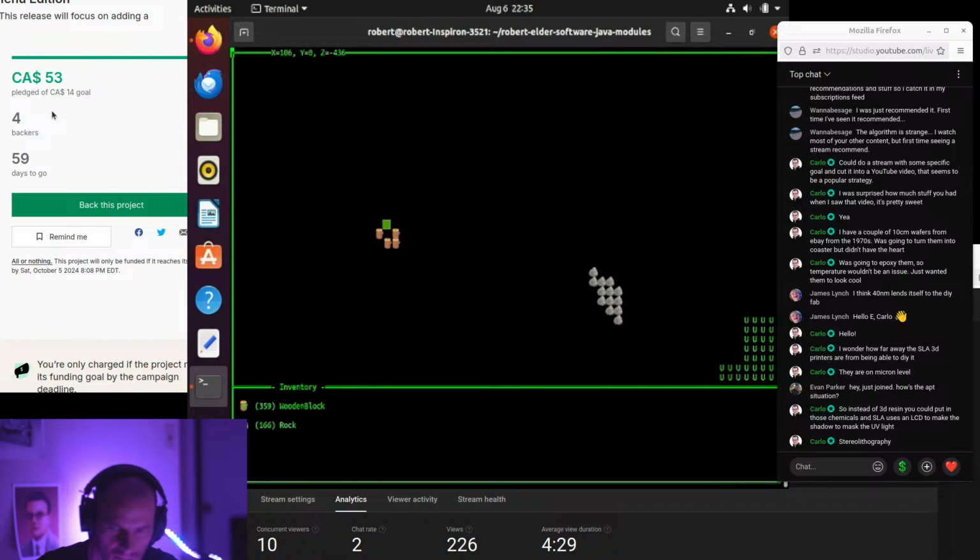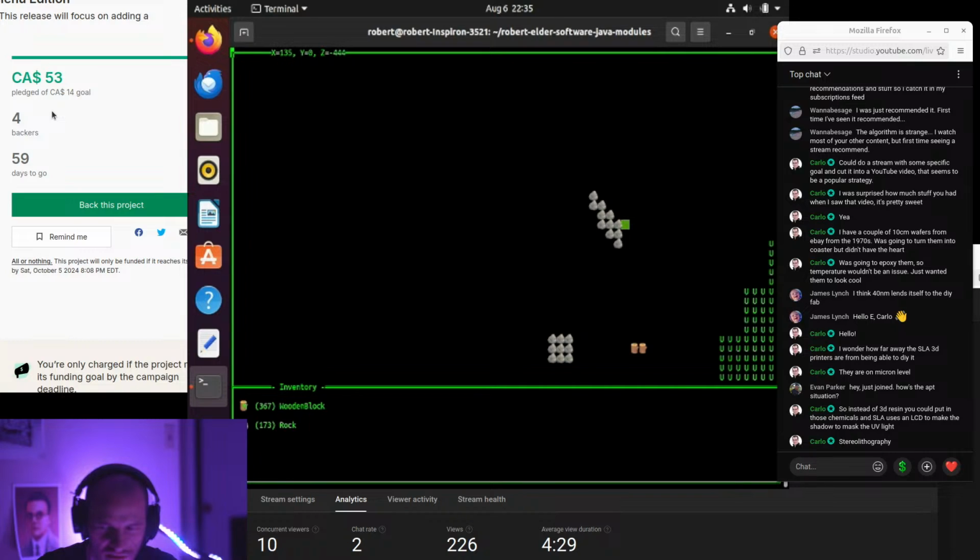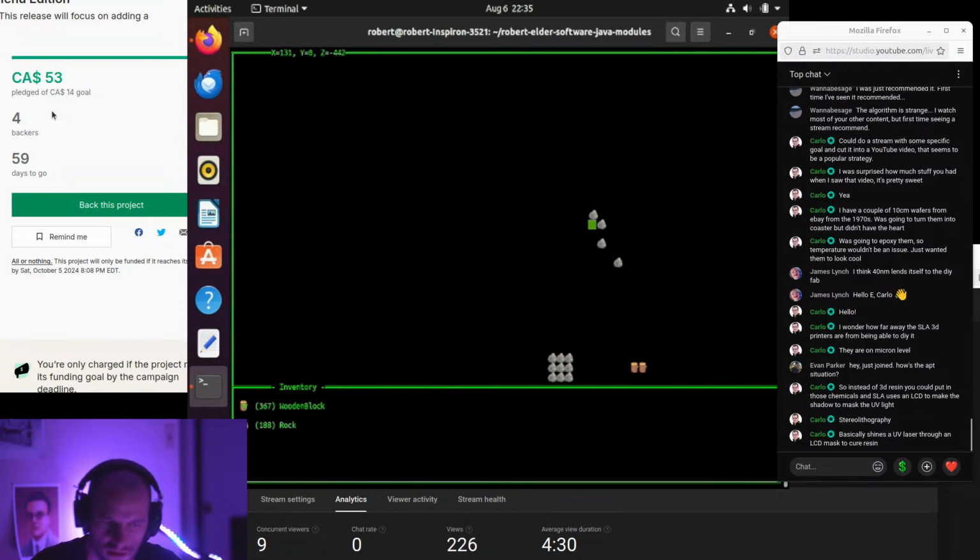Stereolithography. Interesting. I'm not familiar with that process. Yeah, there's a whole thing, it basically shines a UV laser through an LCD mask to get resin.